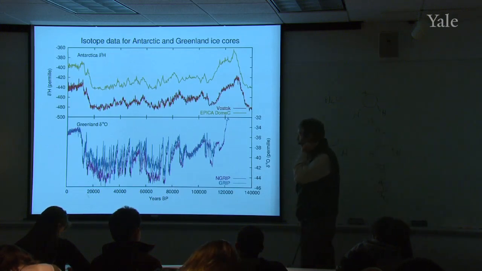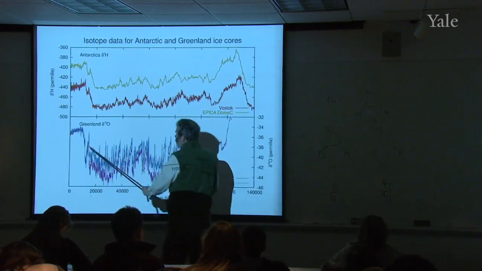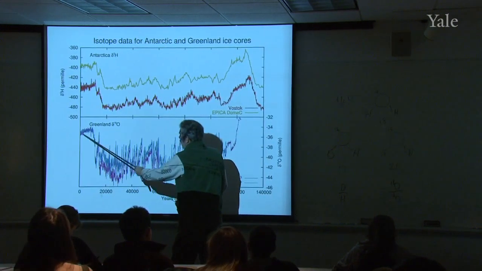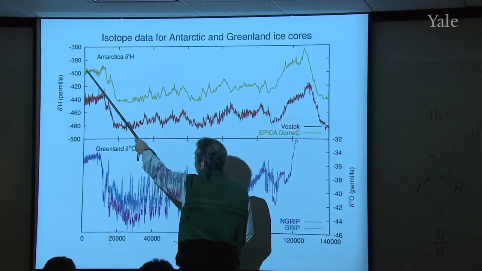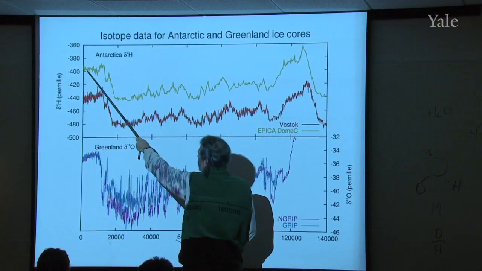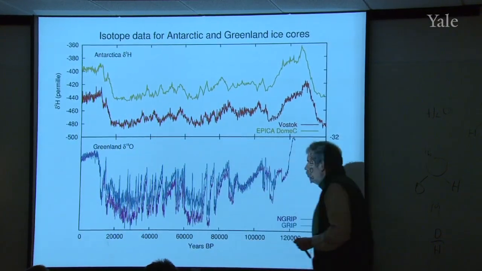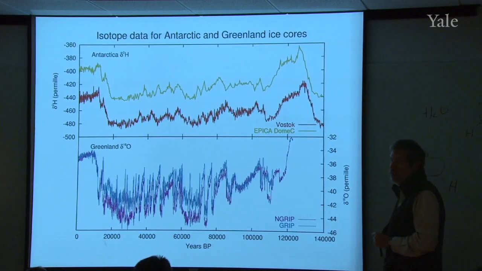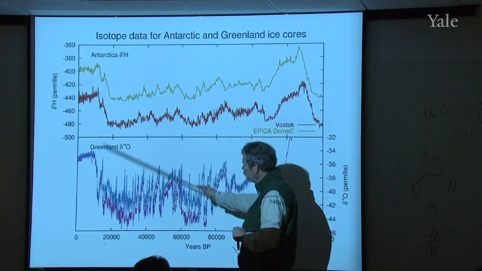Well, this gives us a rather nice time record. This is the modern era. This is today, if you like, and it looks like we have somewhat heavier isotopes than normal during the last 12, 15, 20,000 years ago. And of course, this is the Holocene period, the last interglacial.